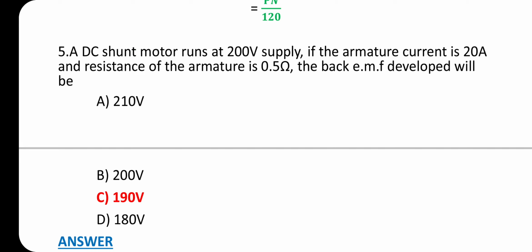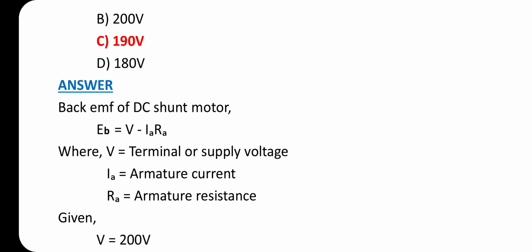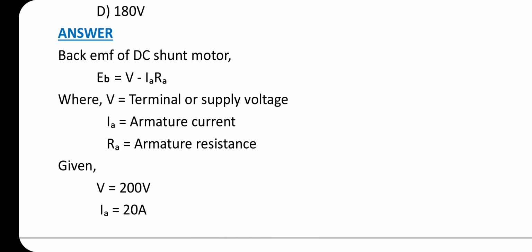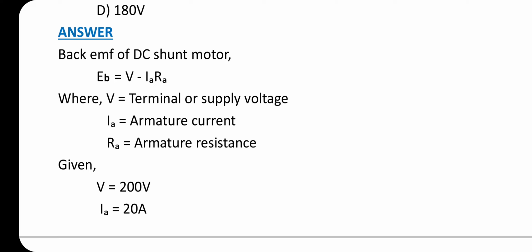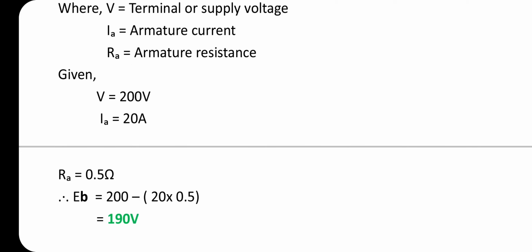Question number 5. A DC shunt motor runs at 200 volt supply. If the armature current is 20 ampere and the resistance of the armature is 0.5 ohm, the back EMF developed will be. Answer option C, 190 volt. Back EMF of a DC shunt motor Eb equal to V minus IaRa, where V is the terminal or supply voltage, Ia is the armature current, Ra is the armature resistance.